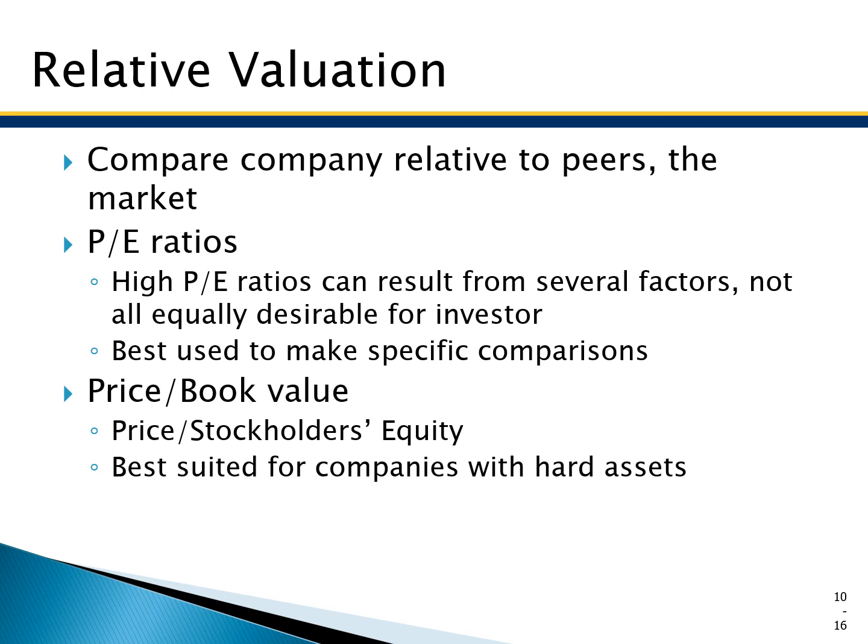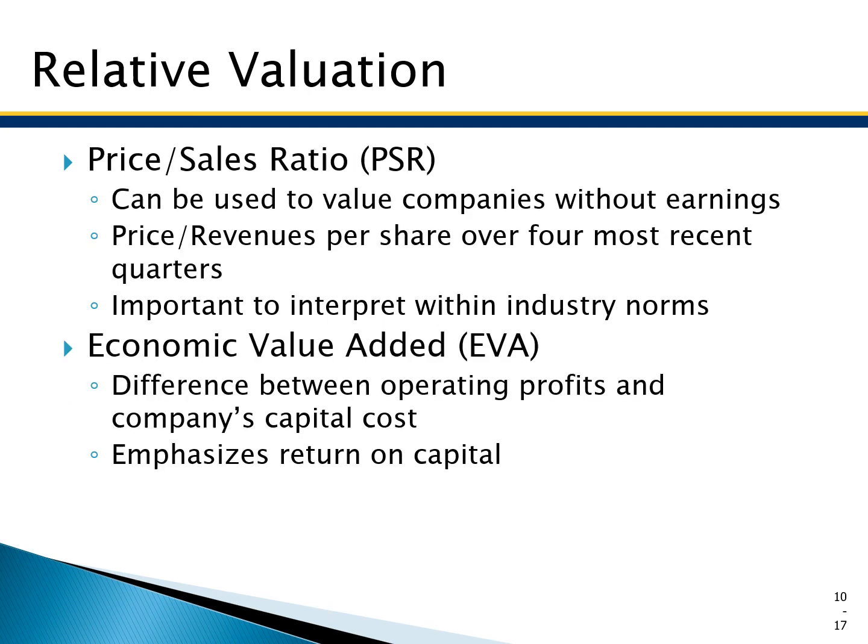This kind of comparison will be done with companies which have hard assets or more fixed assets, and don't have more current assets. In this case they will be using this price to book value measure. Now, another relative valuation method which can be used is the price to sales ratio.